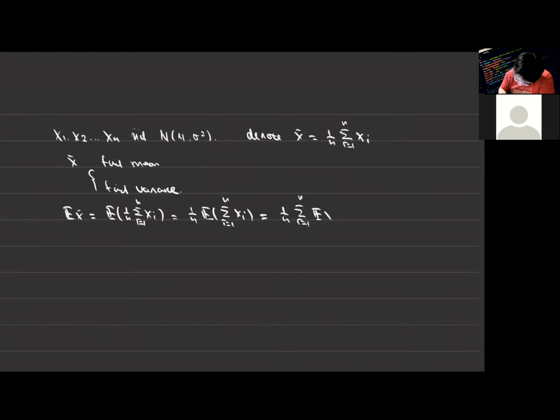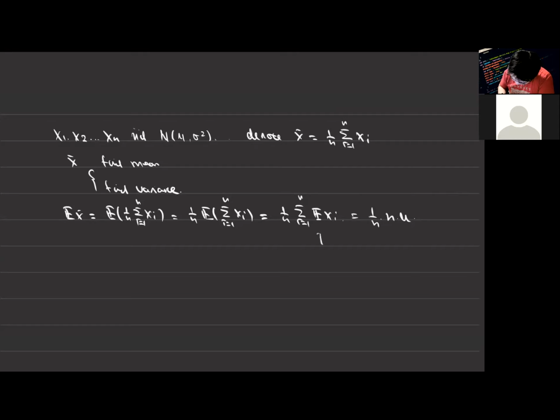So then I'm going to have expectation of xi, right? Now you're going to notice something interesting. Because they're IID, here we tell you that they're IID, then technically speaking, these n terms are really just the same number. So I can actually write 1 over n times n mu, because the average of all these x is mu.